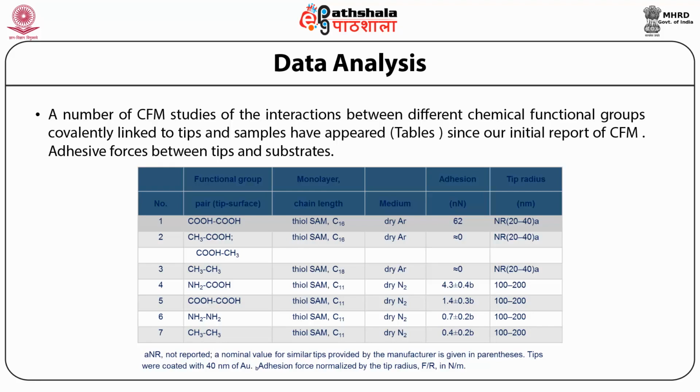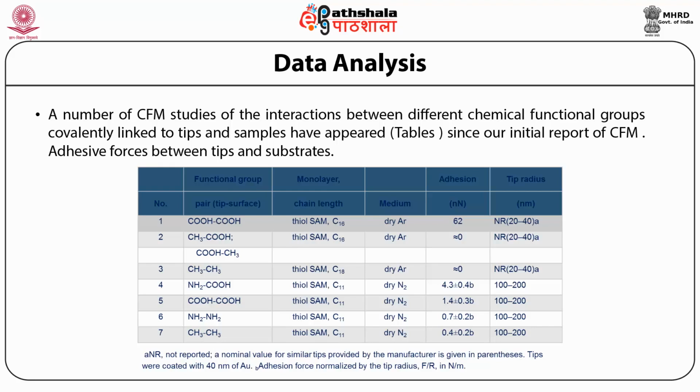Here the functional group pair at the tip and surface has been given, and in the second column we have the monolayer and the chain length. The third column talks about the medium in which the study has been made. Then adhesion has been written here, and finally tip radius in nanometers. For example, for the first one, which is an acid, COOH and COOH groups, we have a monolayer with a chain length of thiol SAM C16.